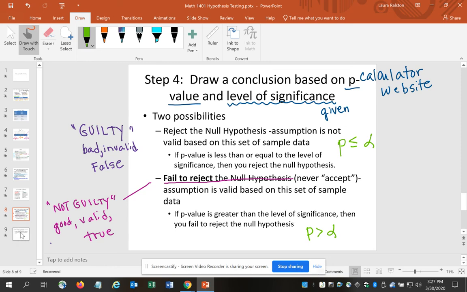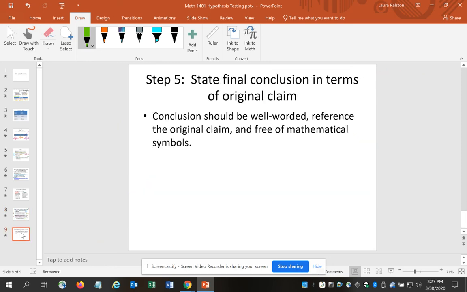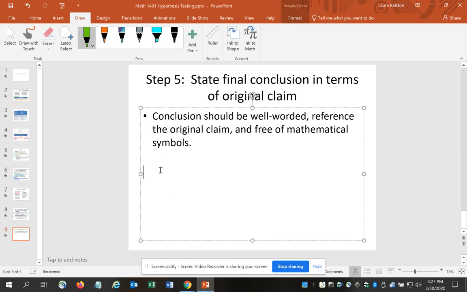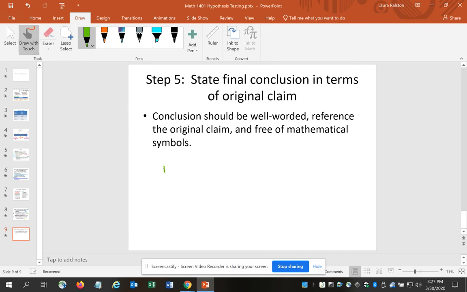And then finally, we want to go back and state our final conclusions in terms of the original claim. That's important. I don't have it listed here, but when you're writing your final conclusion, you also want to include the level of significance.